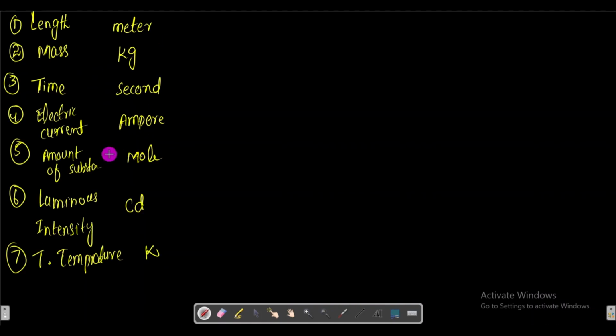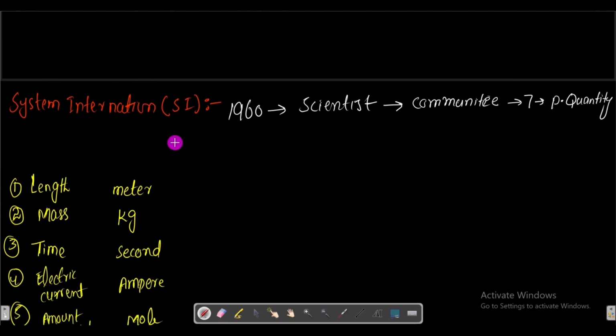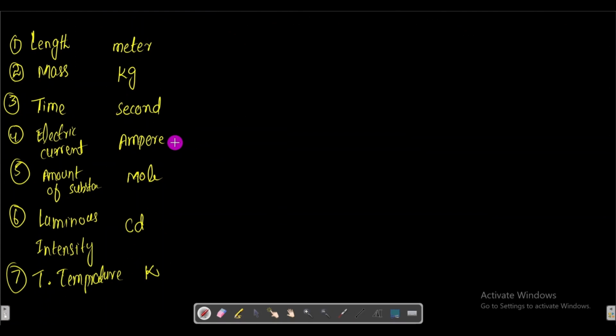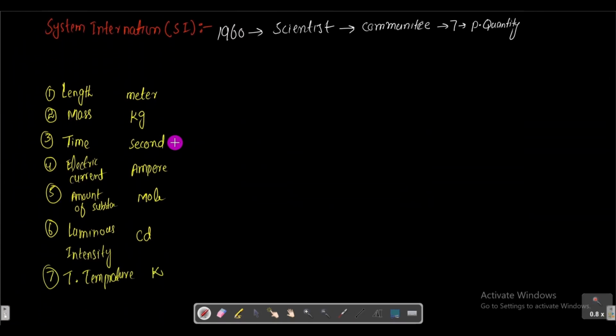These are the seven standards on which all scientists agreed, and they call these seven standards the base physical quantities.